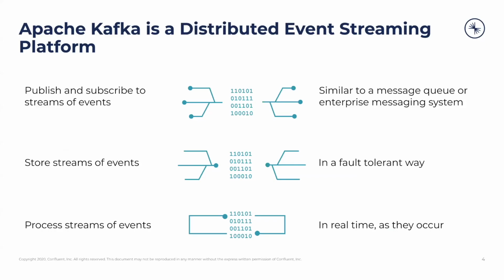So Kafka itself is a distributed event streaming platform that includes Connect, includes Kafka Streams. It allows you to publish and subscribe to events. It kind of acts a little bit like a message queue because you have pub sub, but it stores the data. You could store the data in a Kafka topic for a minute, for an hour, for 7 years, for infinity, and it stores it in a very fault-tolerant way. So you can lose a broker, you can lose multiple brokers.